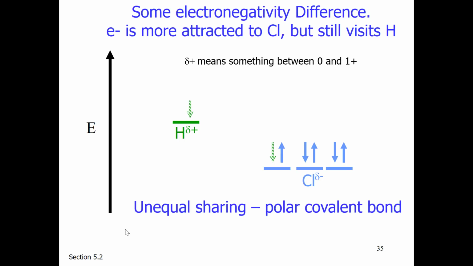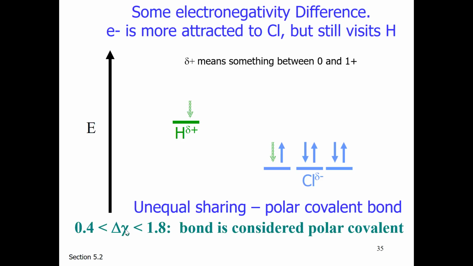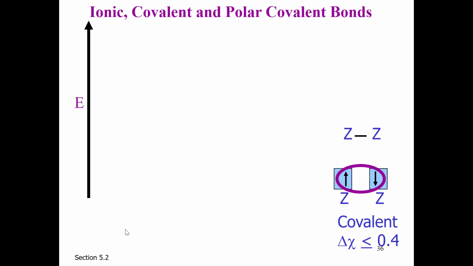And chlorine would be a little bit negative because apparently chlorine has 5 dogs plus the one that gets to visit it from time to time. So this would be unequal sharing and a polar covalent bond. And this is when delta chi is between 0.4 and 1.8.